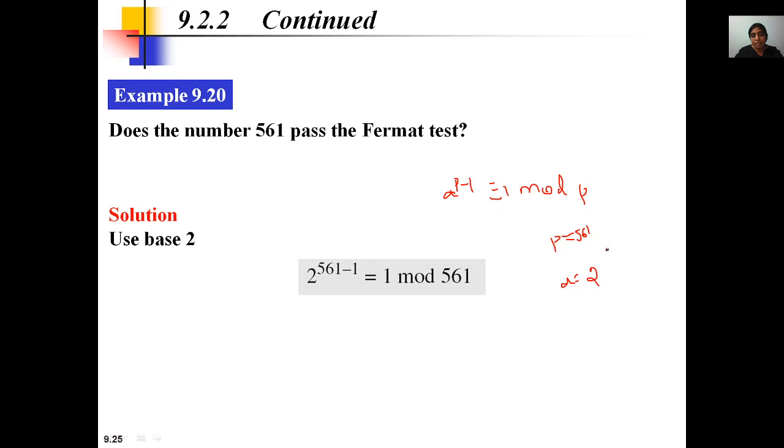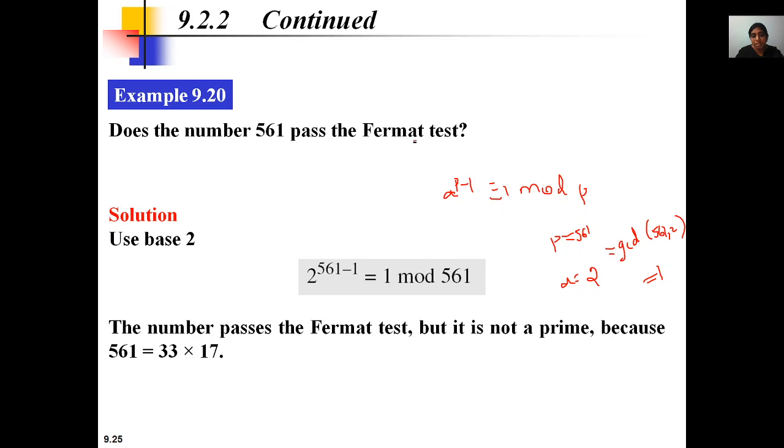These both are relatively prime, because the GCD of 561 and 2 is equal to 1. When you apply the formula, the value is 1. So 561 is passing the Fermat test, but it is not prime, because 561 has factors.